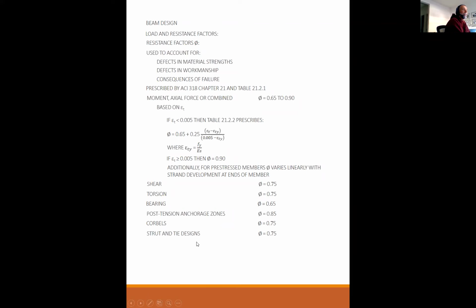Strut and tie designs, which are outside the scope of this class, would be 0.75. And ductile connections of precast, like welding rebar to rebar, is 0.9. Plain concrete is 0.6. Anchors into concrete will vary from 0.45 to 0.75 given the conditions.